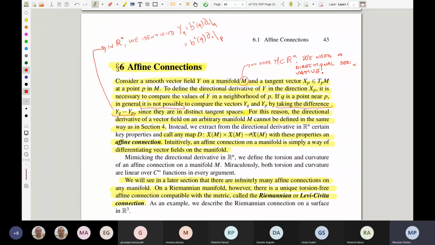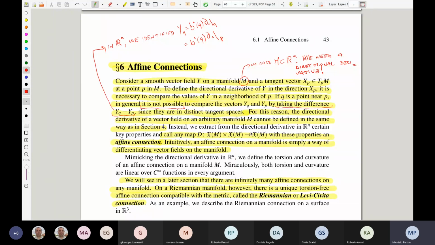And we started asking ourselves, I want to compare the normal vector at a point to the normal vector at another point. And then we said, oh my God, I need a way to connect these two tangent spaces, which are different. How can I do it? Okay, no problem. We are in Rn, so I can just do parallel translation, taking one vector to the other.